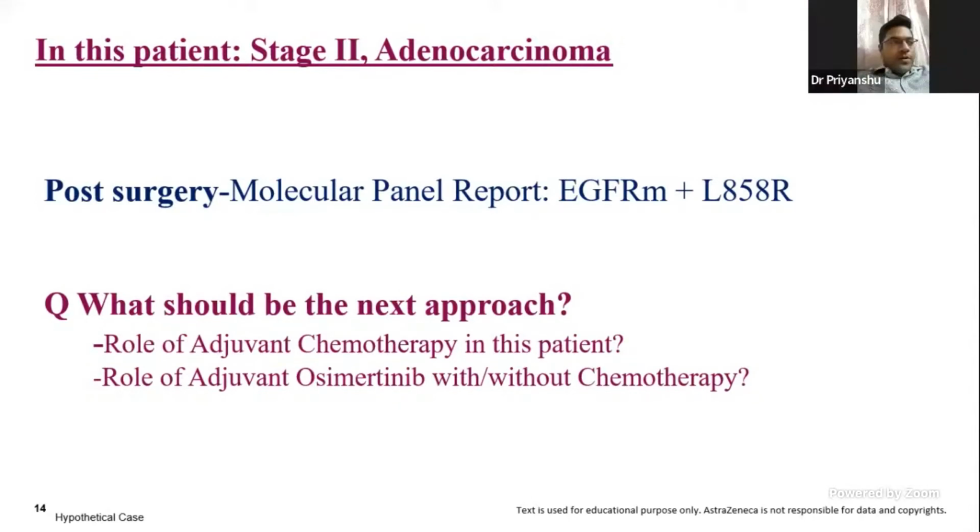Sir, with the hazard ratio of 0.17, I'm expecting a favorable OS profile also. And the second, as you already mentioned, is the difference in the trial design. And definitely osimertinib, we all know, is better with respect to CNS penetration.